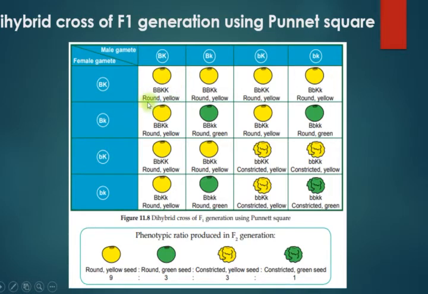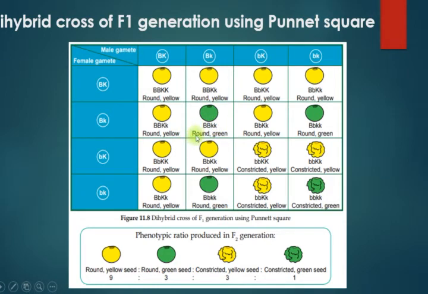If the gamete is big B, small k, fertilized with a big B, small k, it will produce an offspring with big B, small k, small k. So the offspring will have a round seed and green color.